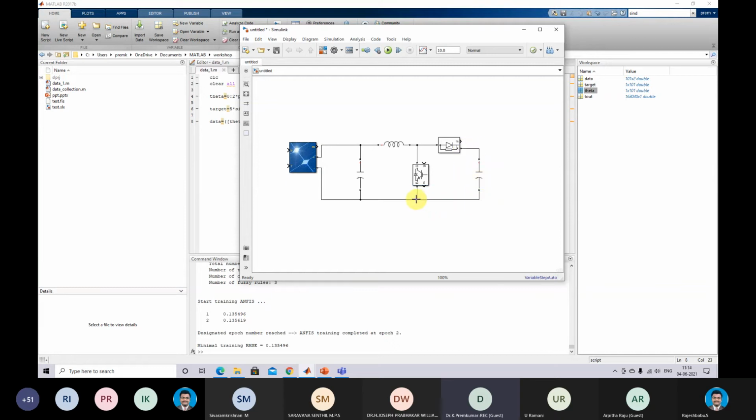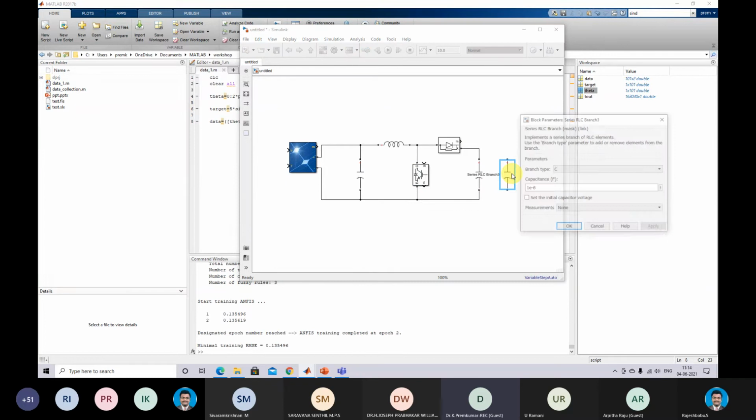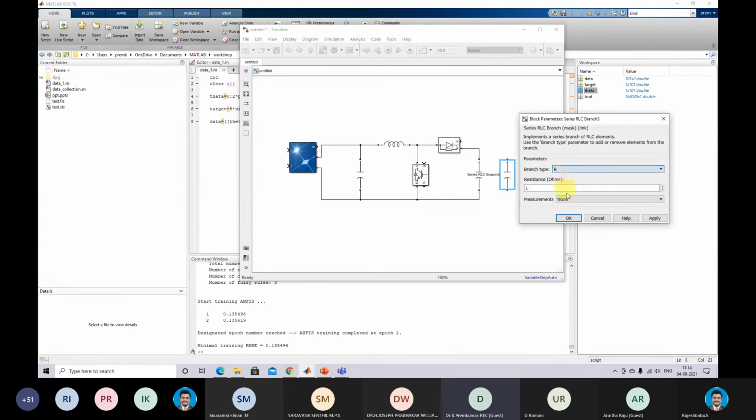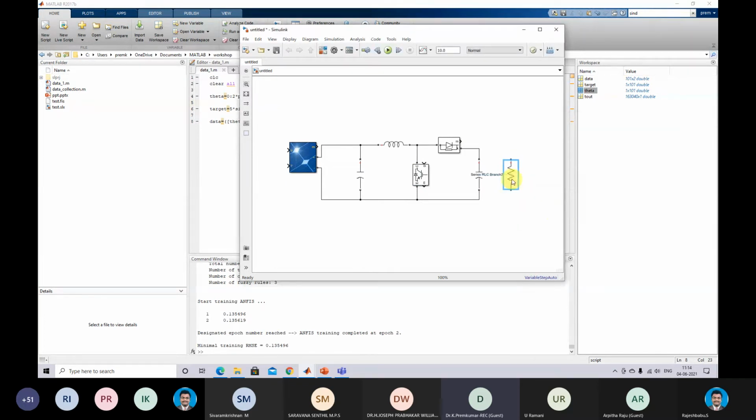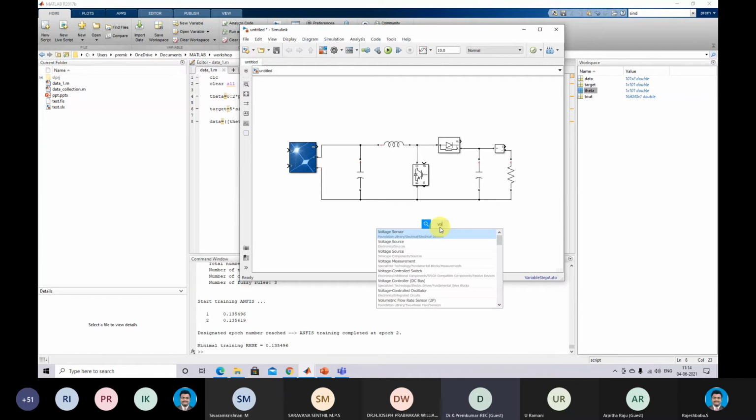And then we need to connect the load. On the load side you have to measure current, so you type current measurement and connect it here for the output current measurement. And you also have to measure the output voltage, so just type voltage measurement.